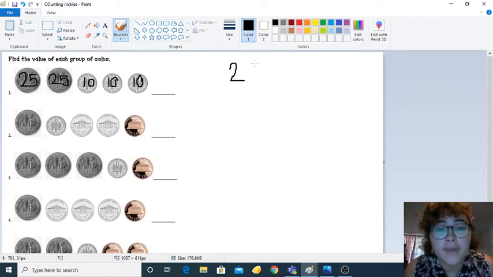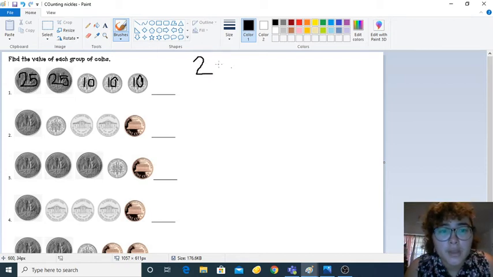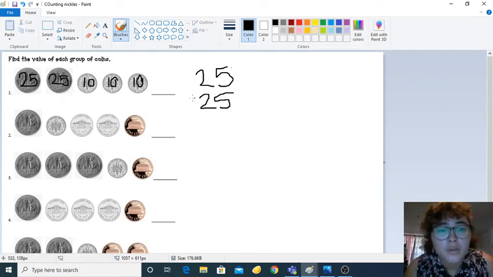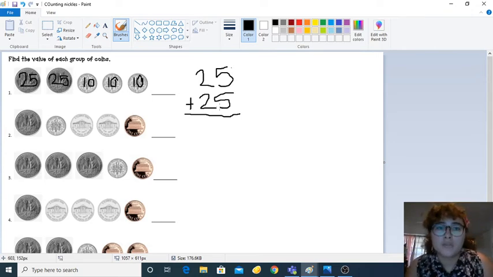If we have 25, let me write it closer over here so it's easier, 25 plus 25, that's our first 2 quarters. If we put them one on top of each other, it's totally easier for us, because we're going to add 5 plus 5 instead of looking at the full 25. 5 plus 5 is 10.